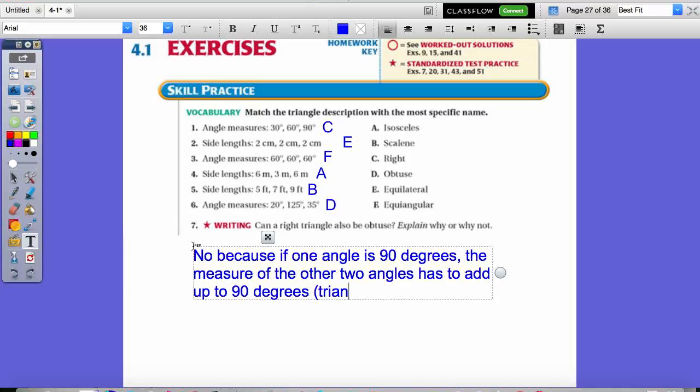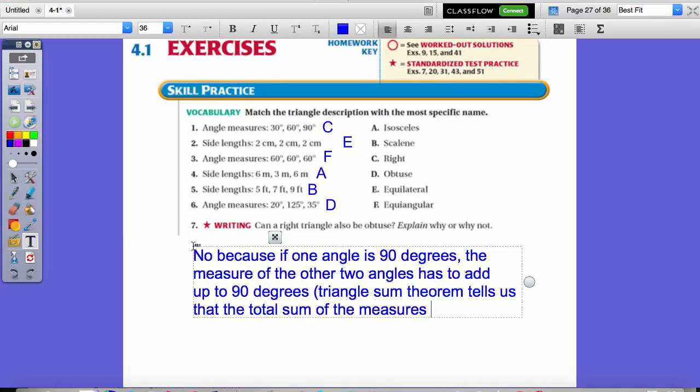This is because the Triangle Sum Theorem tells us that the total sum of the measures of all of the angles is 180 degrees. So basically, once one angle is 90 degrees, the other two are going to have to add up to 90. So the other two are obviously going to be complementary. A right triangle can also not have an obtuse angle.